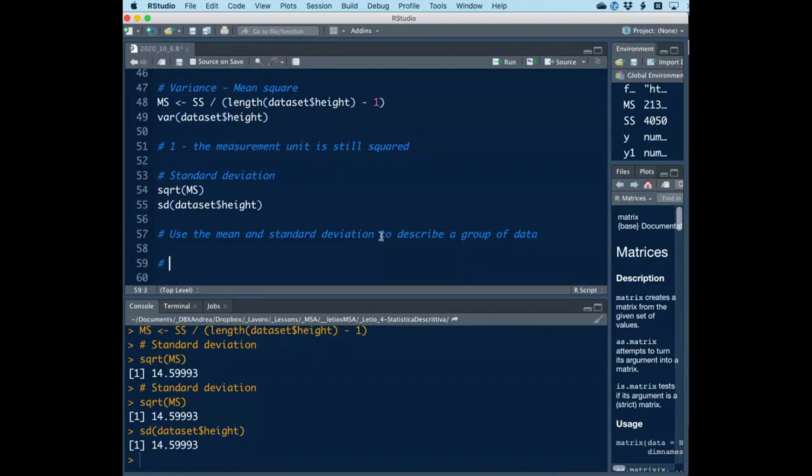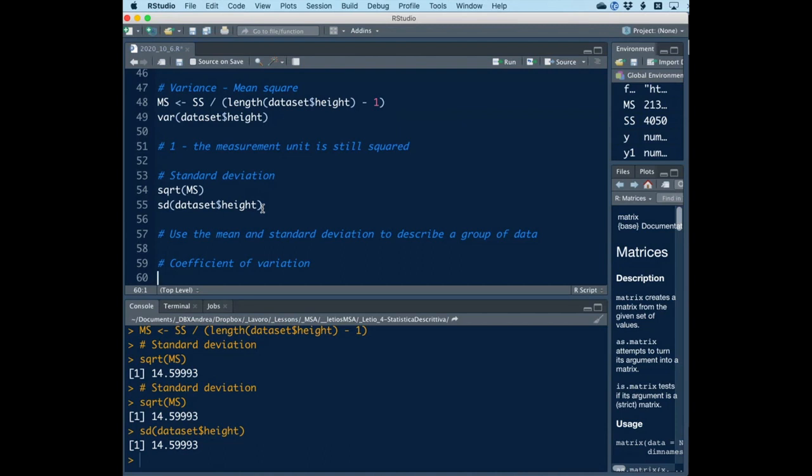And the coefficient of variation is the ratio between the standard deviation and the mean, so the other way around. We have the standard deviation at the numerator and the mean at the denominator.